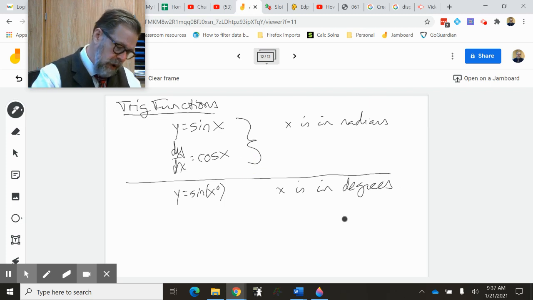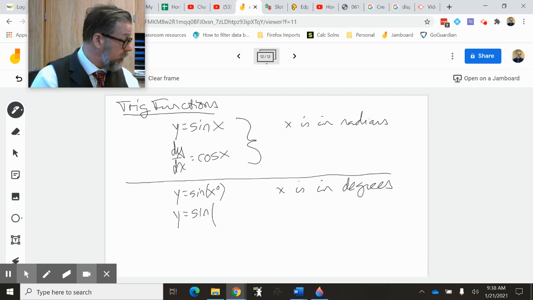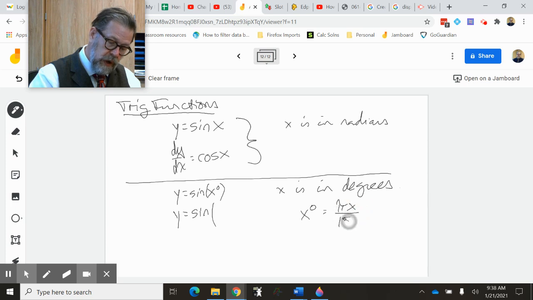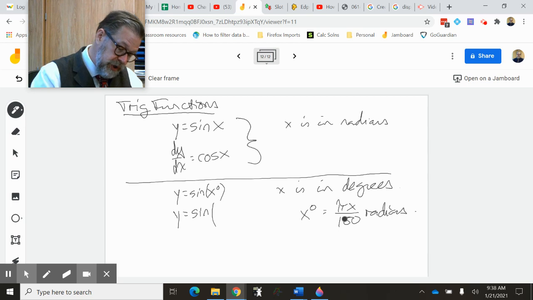So let's rewrite y, and let's just rewrite it in degrees. Well, the conversion factor: x degrees equals pi x over 180 radians. So it's fair to say that this is therefore pi over 180 x radians.